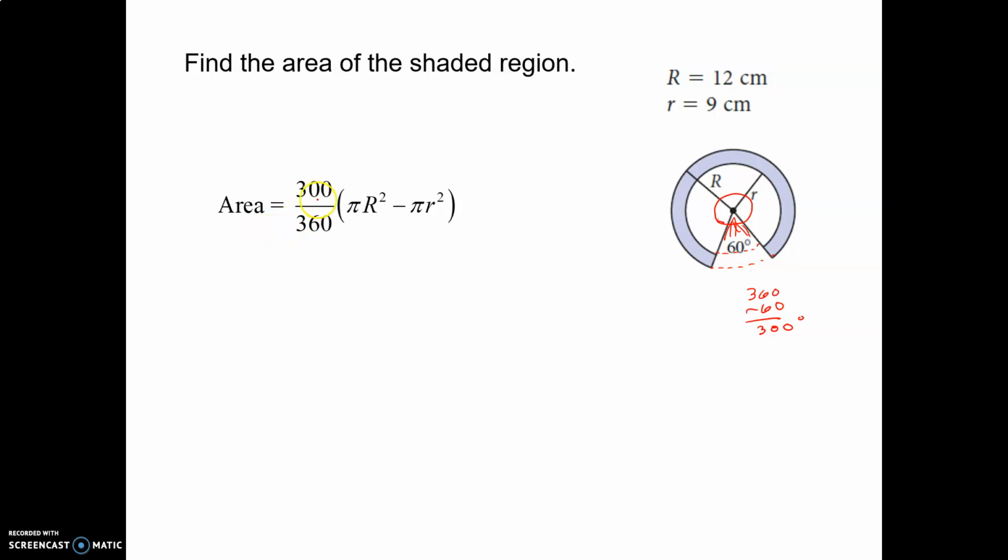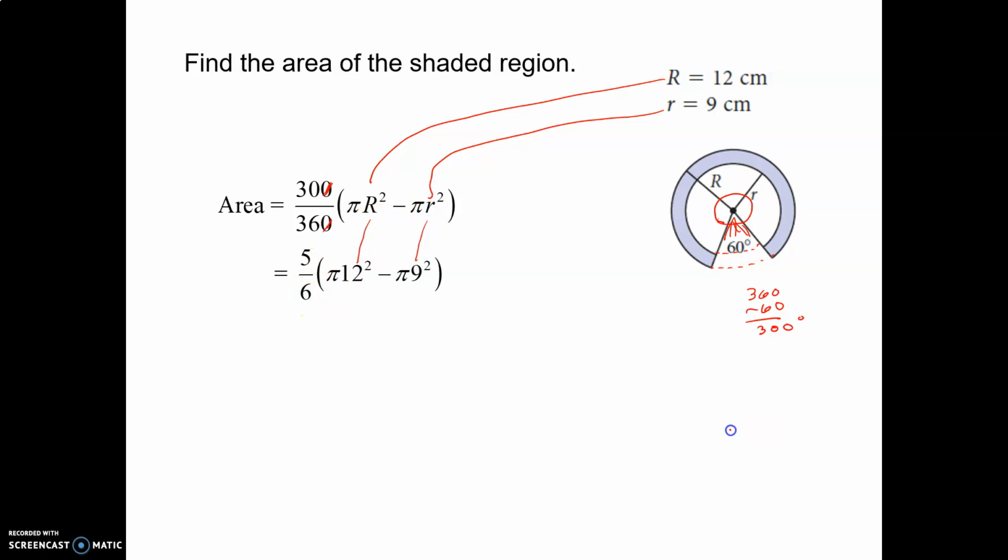The area is going to be 300/360ths of an annulus, which is pi capital R squared minus pi little r squared. And over here they tell us what they want capital R to be and small r to be. So I substitute those in. These zeros cancel out, and if I divide the top and bottom by 6, I get 5/6. R becomes a 12.